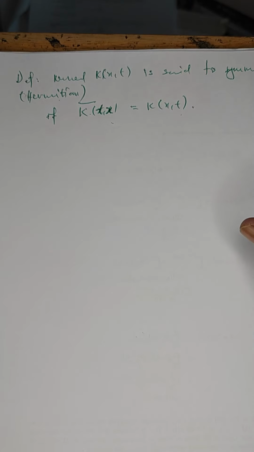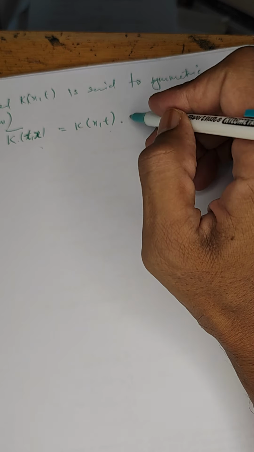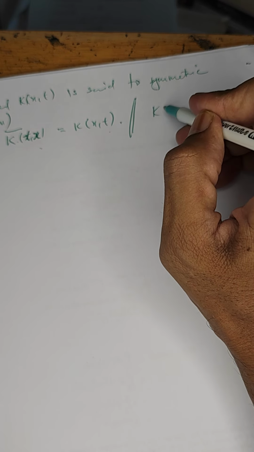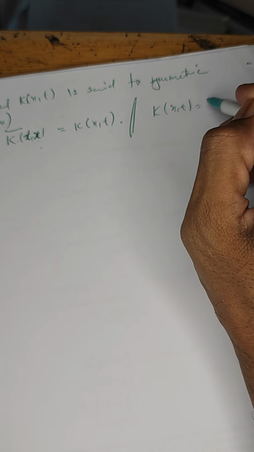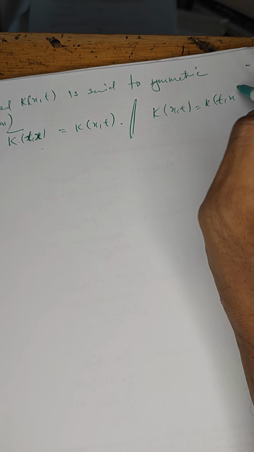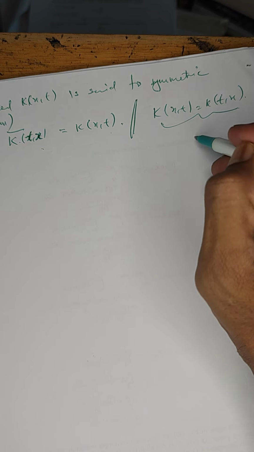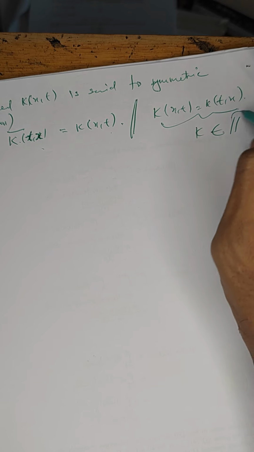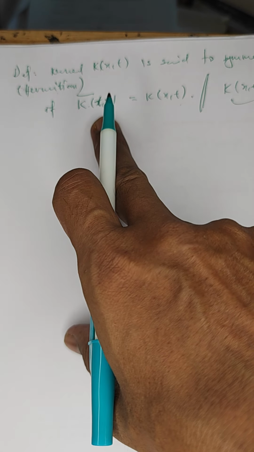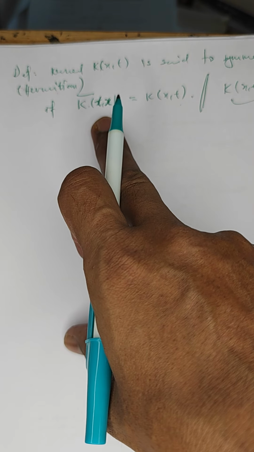For the real case, for a real kernel, we have k(x,t) equal to k(t,x). This is for real, but for the complex case we have the conjugate.